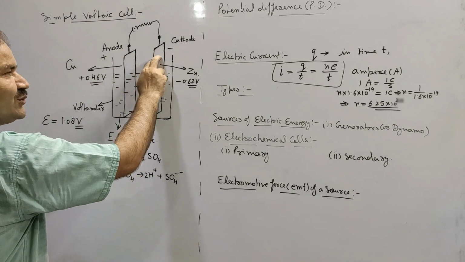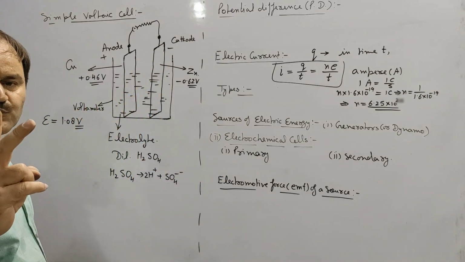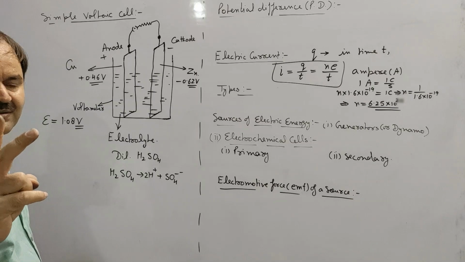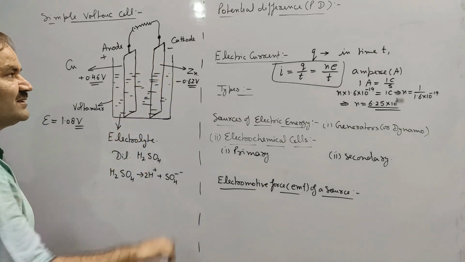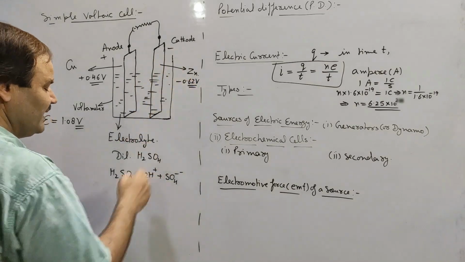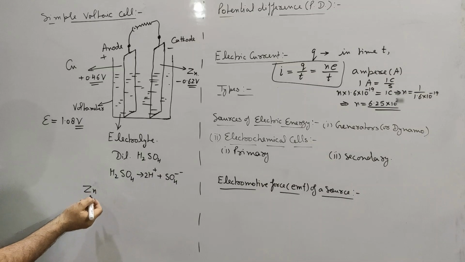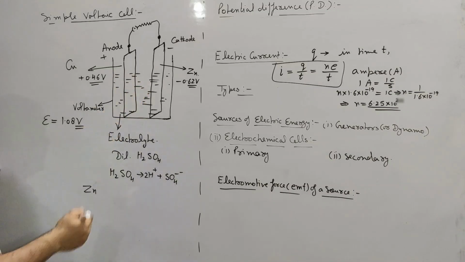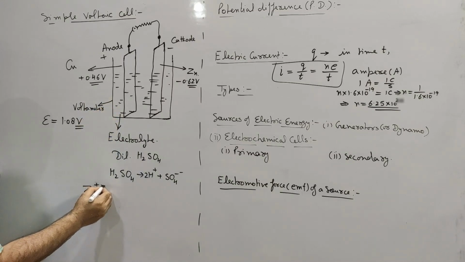After leaving two electrons, cathode will lose its 2 units of negative charge, and hence to maintain that charge, the cathode, that is zinc plate, will lose a zinc atom into the electrolyte, and zinc atom will enter the electrolyte in the form of zinc ion.